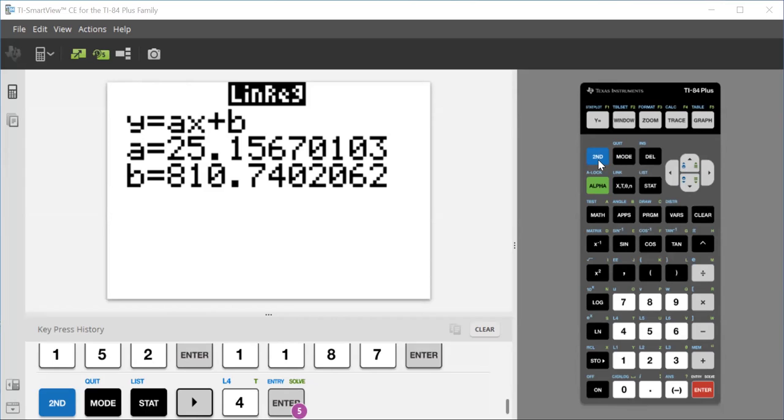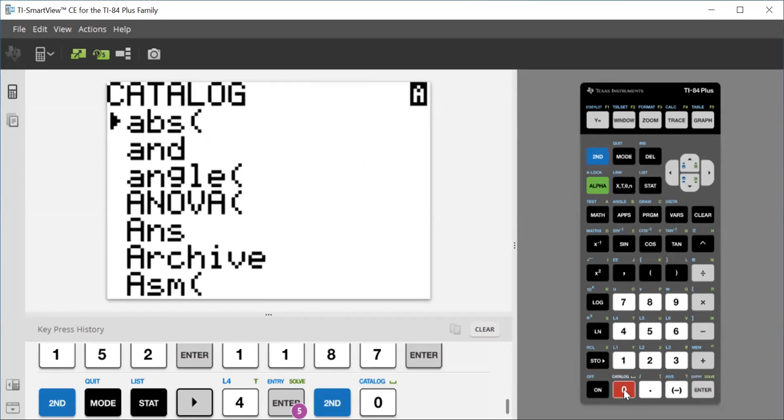So I'm going to push second 0. And this brings up every possible command your calculator has. Well, the one I want is called diagnostics, which starts with the letter D. So you'll see the letter D in your alpha color. My alpha color is green, and I see a D right here. So it's already in alpha mode because of this A in the right-hand corner.